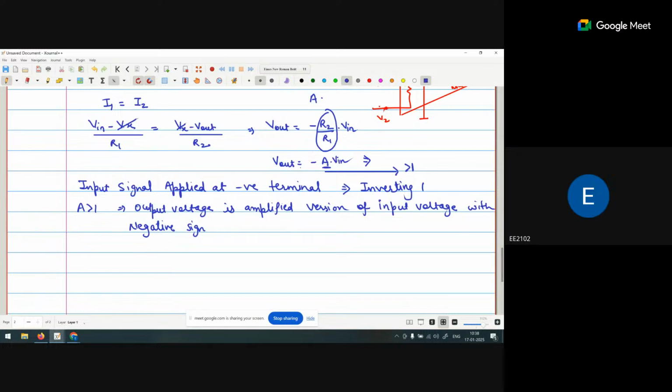Because of this negative sign, we call it inverting, and because of the amplified version, we call it an amplifier. So that's why the term inverting amplifier is used. Okay.